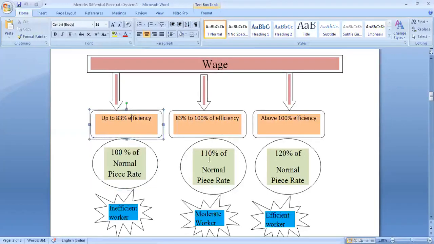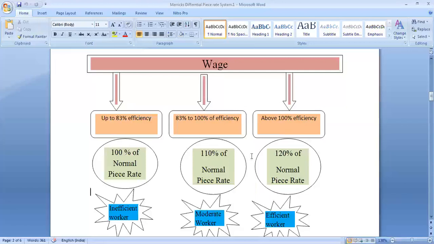There will be a moderate worker who is neither too slow nor too fast, so he comes in between. Merrick called him a moderate worker, whose performance efficiency falls between 83% and 100%. For him, we give 110% of the normal piece rate.